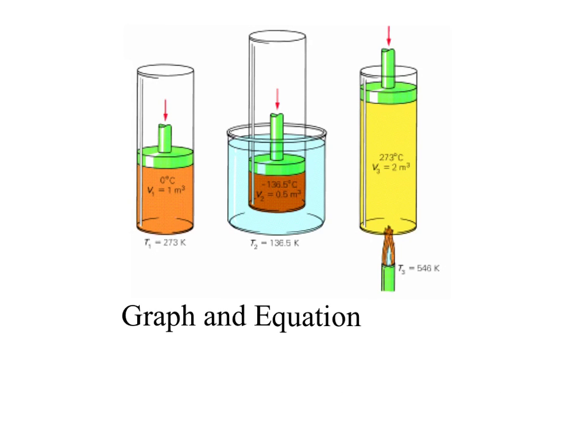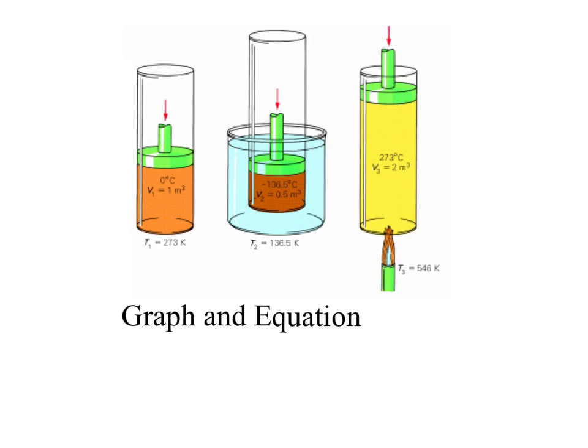So what we have here are 3 different chambers. And we have one at 0 degrees Celsius, or temperature equal to 273 Kelvin. We have one at negative 136.5 degrees Celsius, or 136.5 Kelvin.